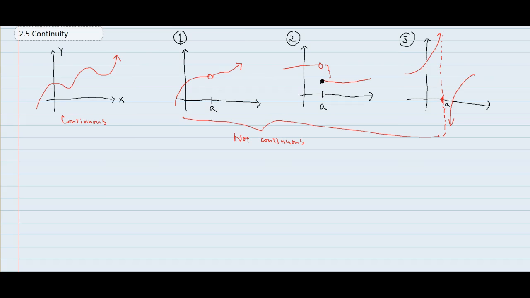Okay, so let's call this example number 4. Now what we want to do is to come up with an example of a function that is not continuous at x equals a, but f of a is defined and the limit actually exists as x goes to a, but it fails to be continuous there because condition number 3 fails to be true.